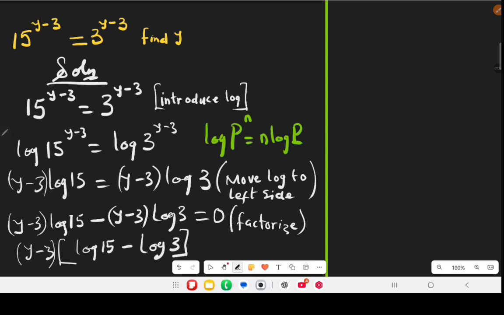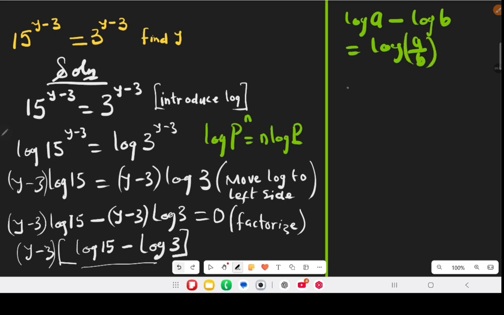In the law of logarithm, whenever we have an expression like this, log of a minus log of b can be expressed as log of a all over b.